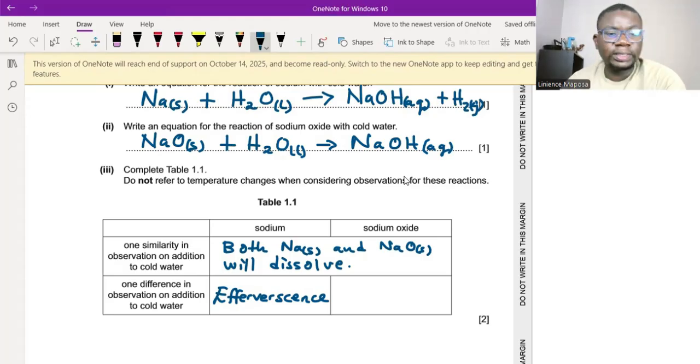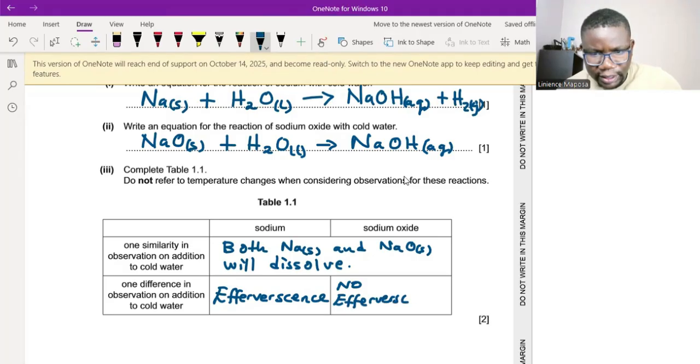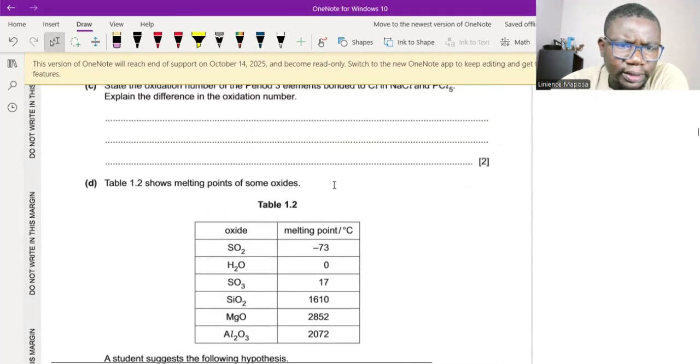So you see effervescence on that side, no effervescence on the other side. Okay, I'll just say no effervescence because that's one difference. But both of them will form a clear solution, isn't it? Effervescence, if that spelling is correct, I don't know. Okay, they don't mark the spelling.